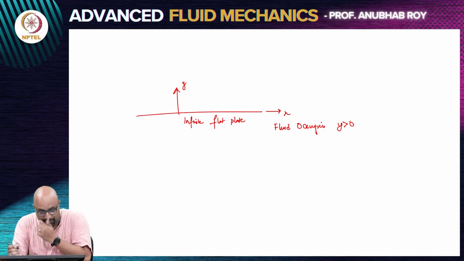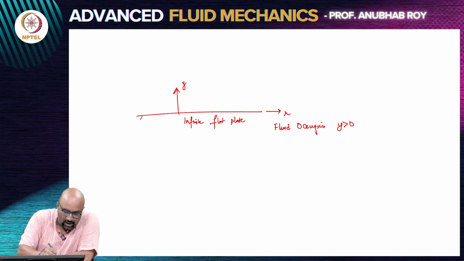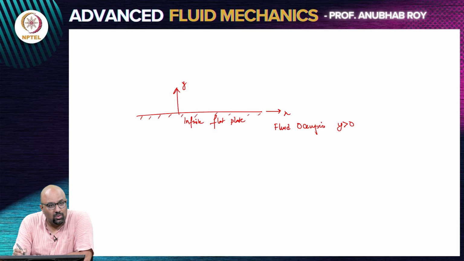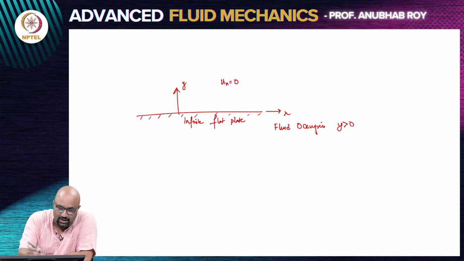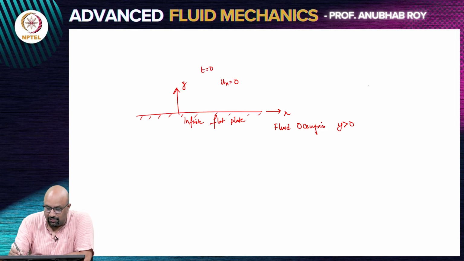So, the upper half of the space is occupied by the fluid. You have a plate here, and initially everything is at rest. So, at t equals 0, the velocity u_x everywhere, for all y, is equal to 0.